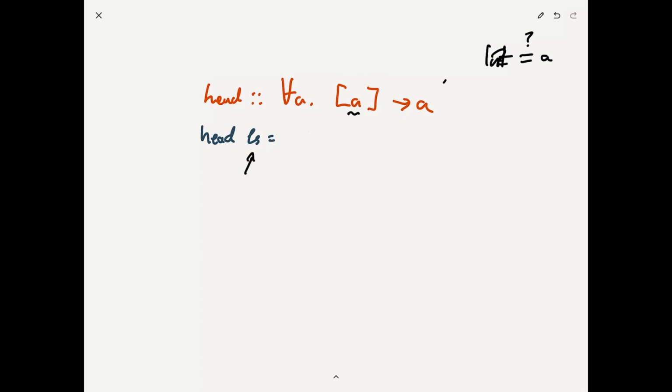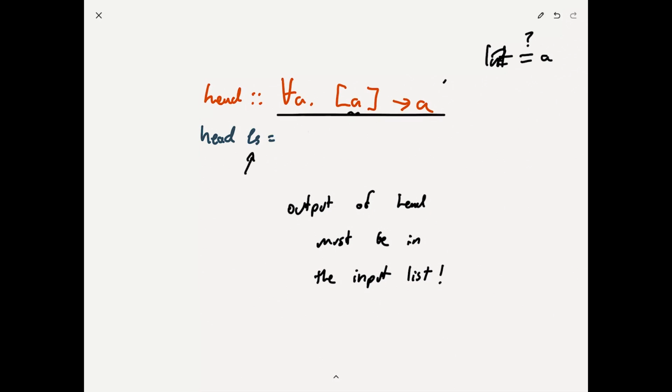So I have to return one of the values inside my list. So what this is saying is that the output of head must be in the input list.